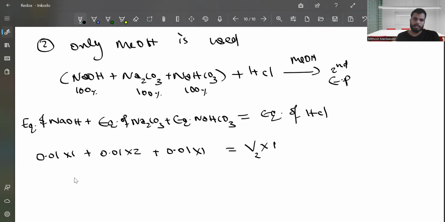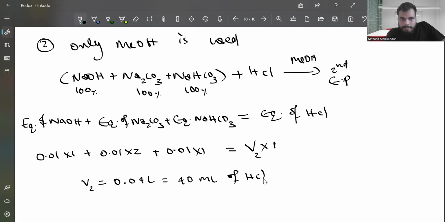Then you will get V2 equal to 0.04 liter, which is 40 milliliter of HCl. So the second case, the titer reading will be 40 milliliter.